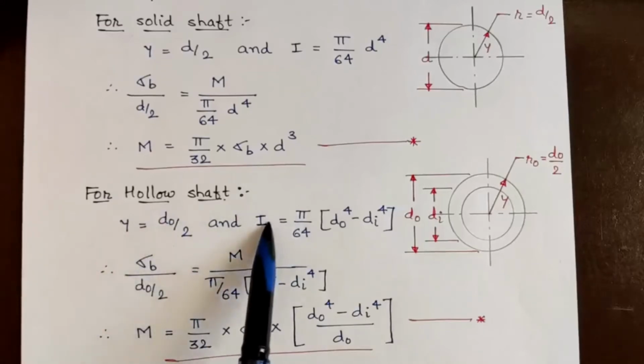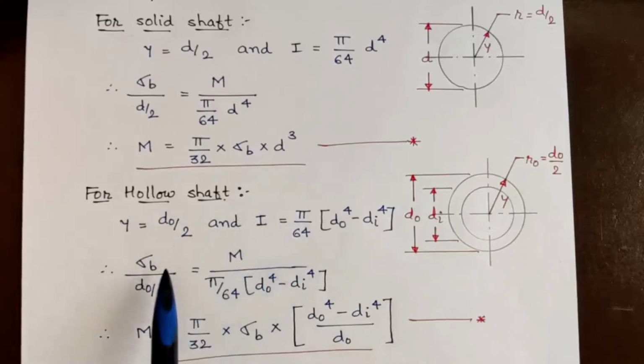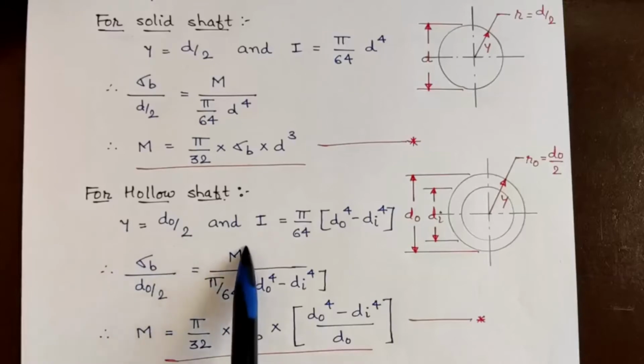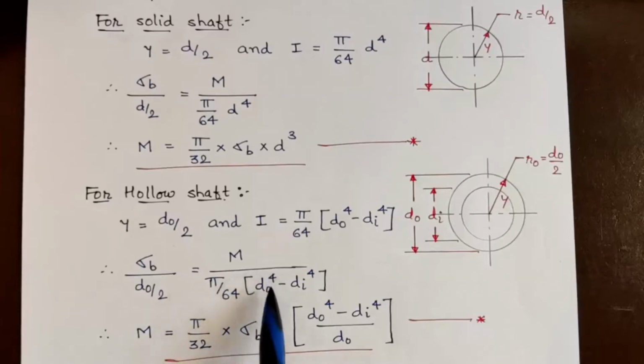Now again we have to repeat the procedure and put the values of y and I in the first equation, that is sigma b by y. Here y is do by 2, is equal to capital M divided by I. I is pi by 64 into do raised to 4 minus di raised to 4.